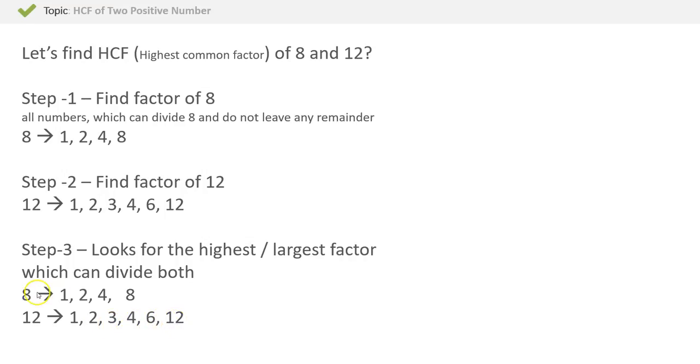Now try to find the highest factor between 8 and 12 which can divide both numbers, and you will figure it out. It's nothing but 4, which is common between 8 and 12 and is the largest number which can divide both, and hence HCF for 8 and 12 is 4. This is our standard way to calculate HCF of any two positive numbers.